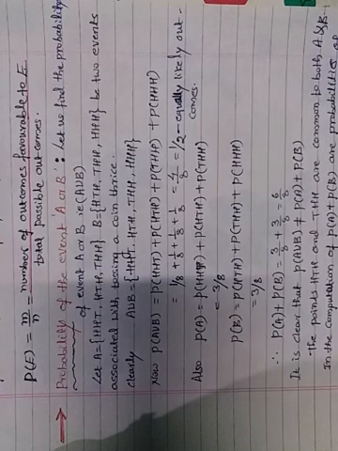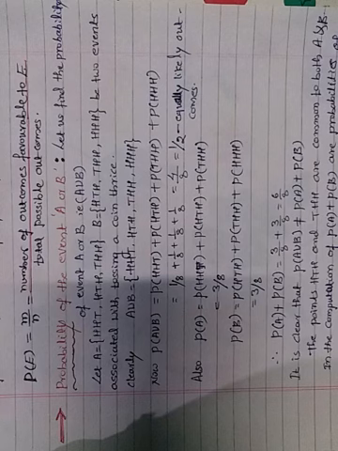Good evening, students. Now we shall continue with probability, that is the axiomatic approach of probability. In the last class we studied the introductory part of the axiomatic approach, the definition of probability in the axiomatic concept.